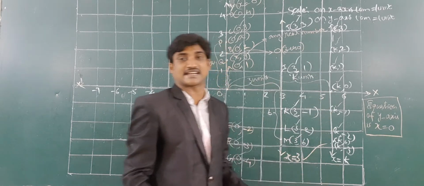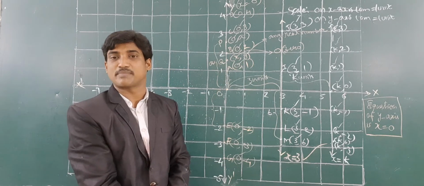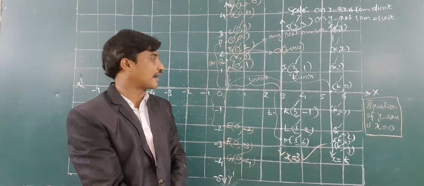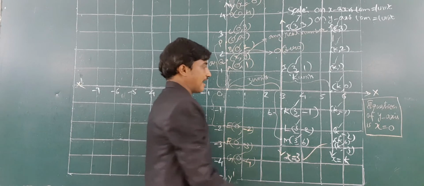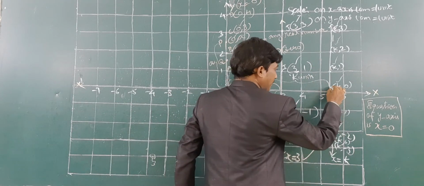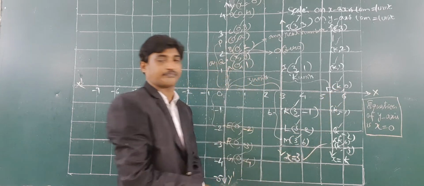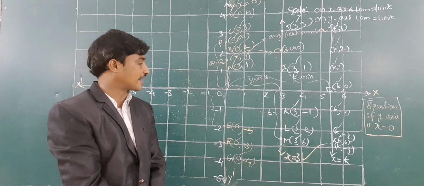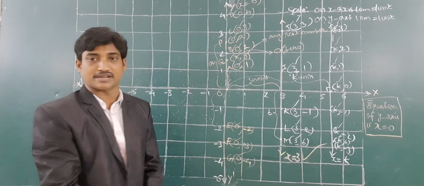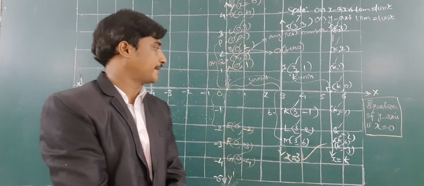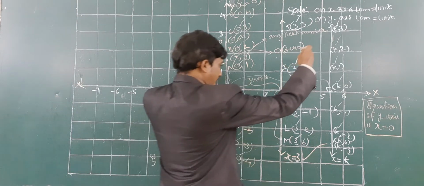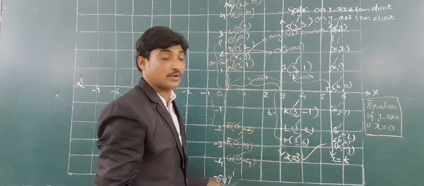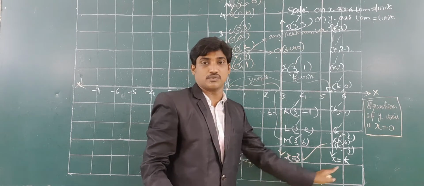It doesn't intersect y-axis as this is parallel to y-axis. On the other hand, line x is equal to k is perpendicular to x-axis. General form of the line parallel to y-axis is x equal to k.